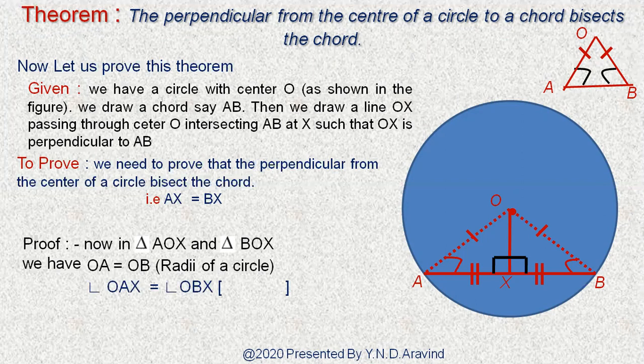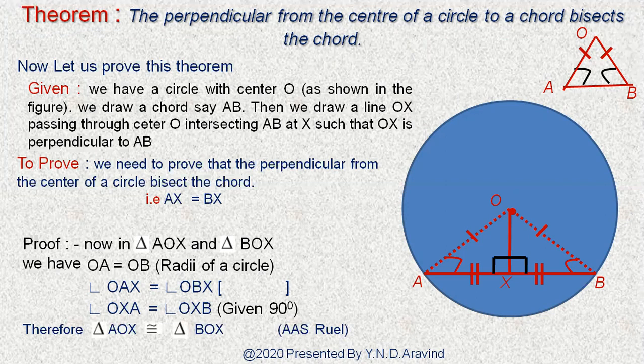We know that angle OXA is equal to angle OXB, since both are perpendicular. So they are at 90 degrees. And we have learned from these conditions, triangle AOX and triangle BOX are congruent triangles as per the AAS rule. That is the angle angle side congruence rule.